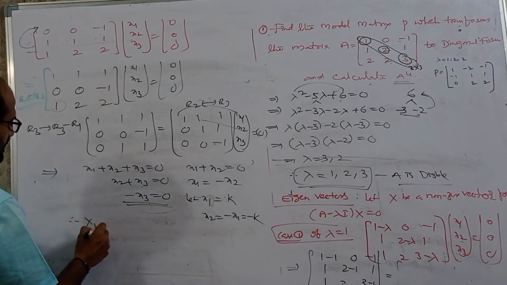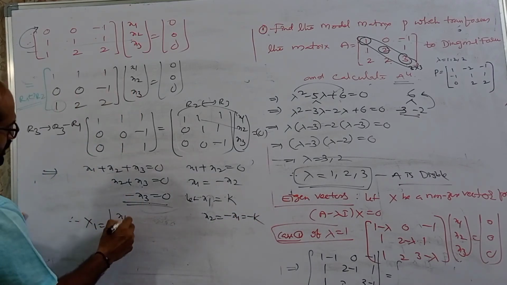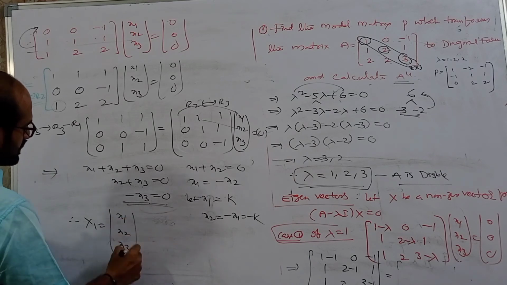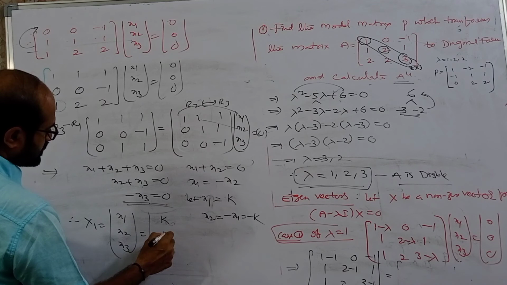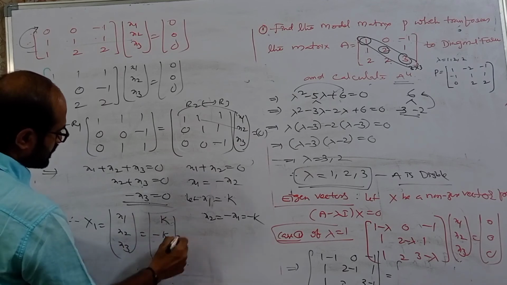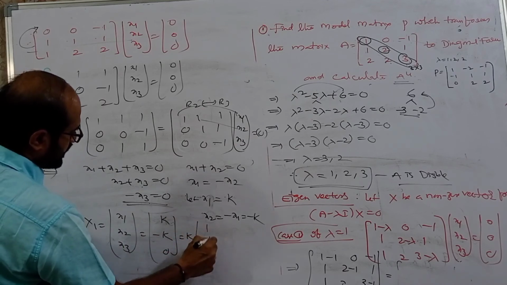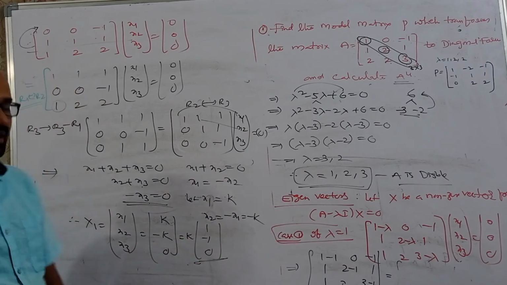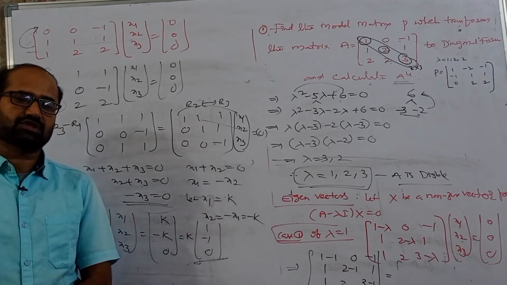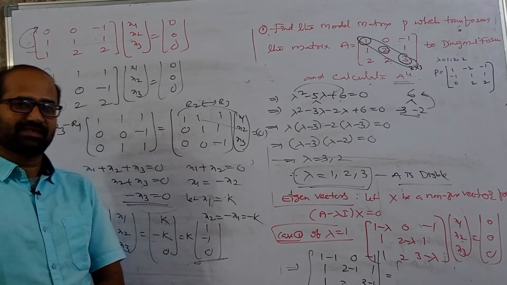Therefore the first vector x, with components x1, x2, x3, is equal to k, minus k, 0. If I take k common, 1 minus 1 0. So this is the eigenvector, the first vector.